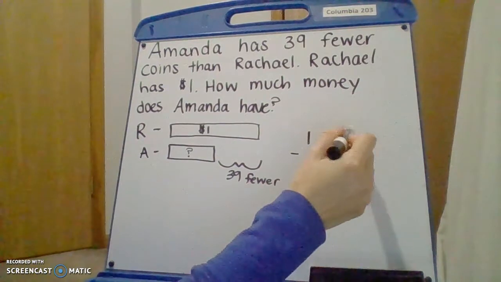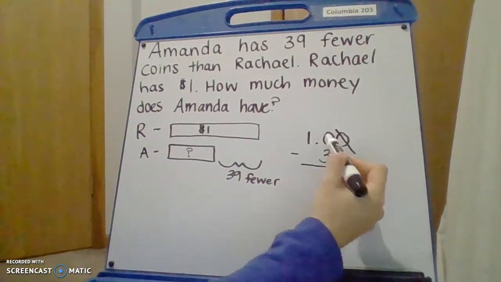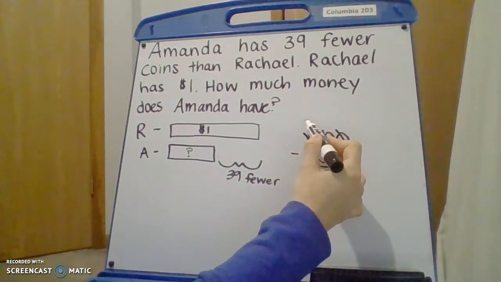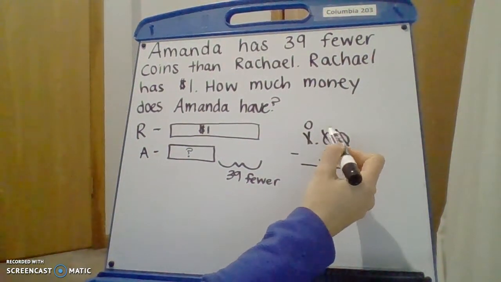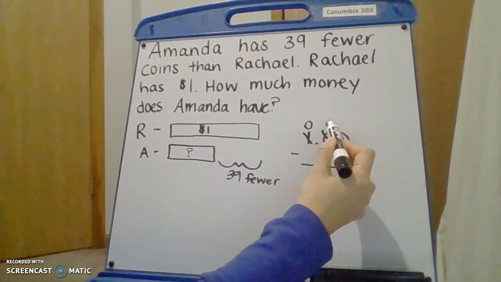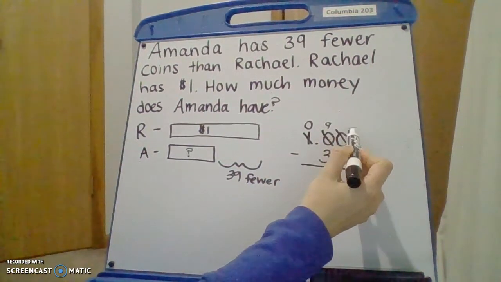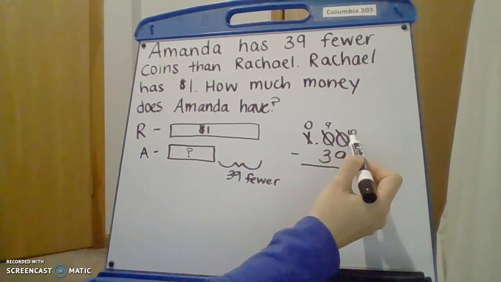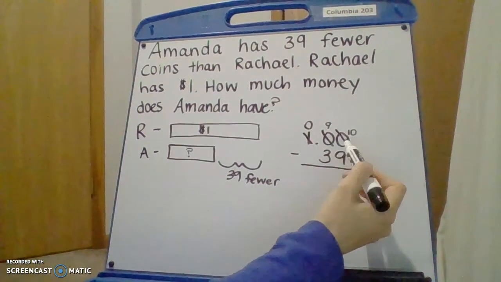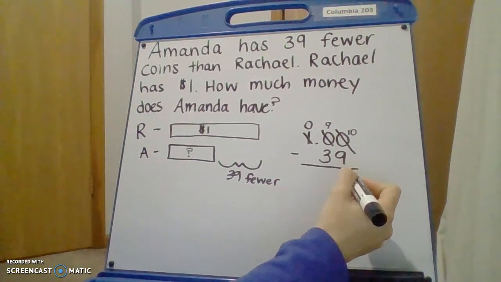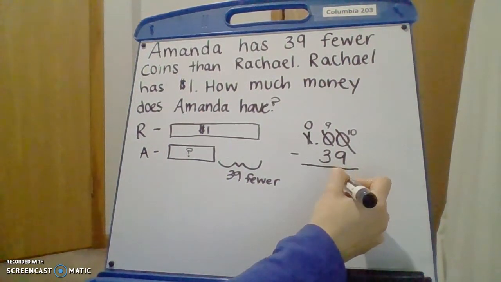So you're going to cross this off, go to your neighbor. Your neighbor doesn't have anything either. Just cross that off, go to your neighbor, get rid of this 1, which is going to become a 0. This 0, remember, turns into a 9 because you had to unbundle 1 and give it to this 0, so it could become 10. You ladies were very good at this. I'm sure you remember. So then you do 10 minus 9, or I'm sorry, 9 minus 10, which is going to give you 1.